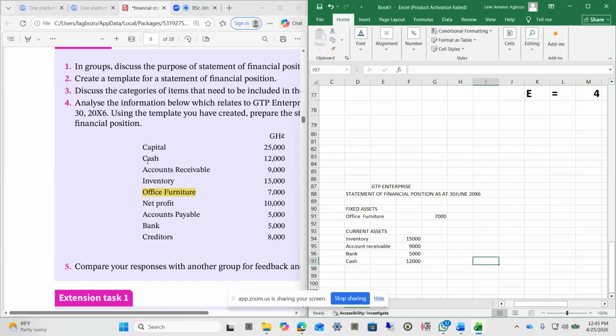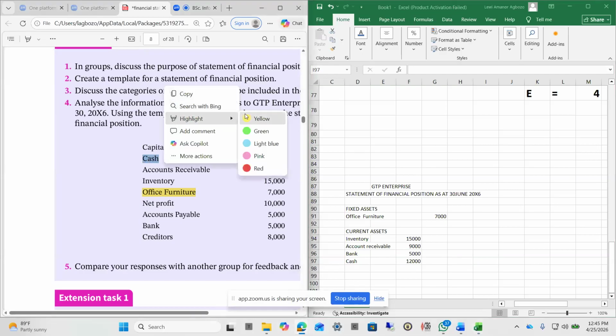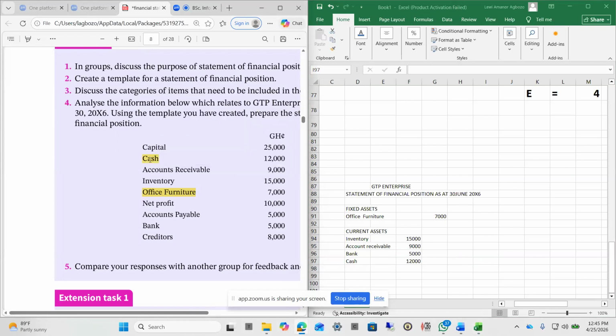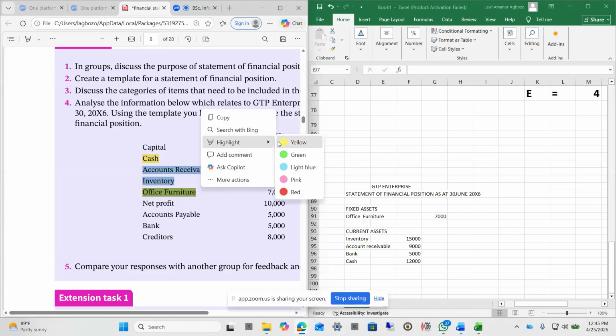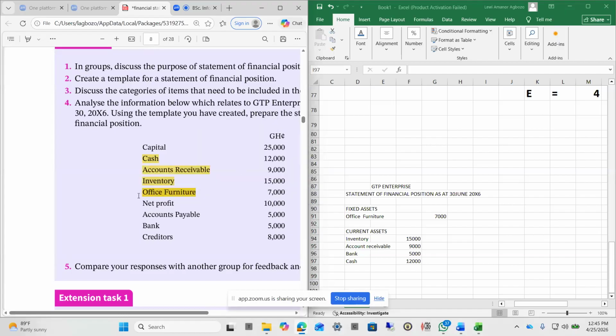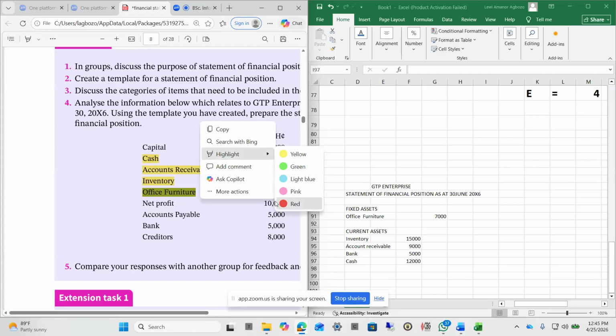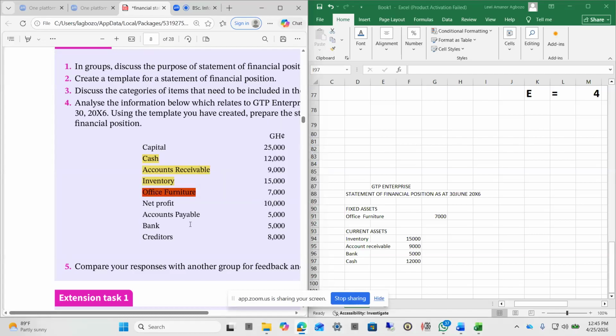So we have actually taken these two. Let me show this one separately because it is fixed asset, so let me make it red. Then we also took this one.